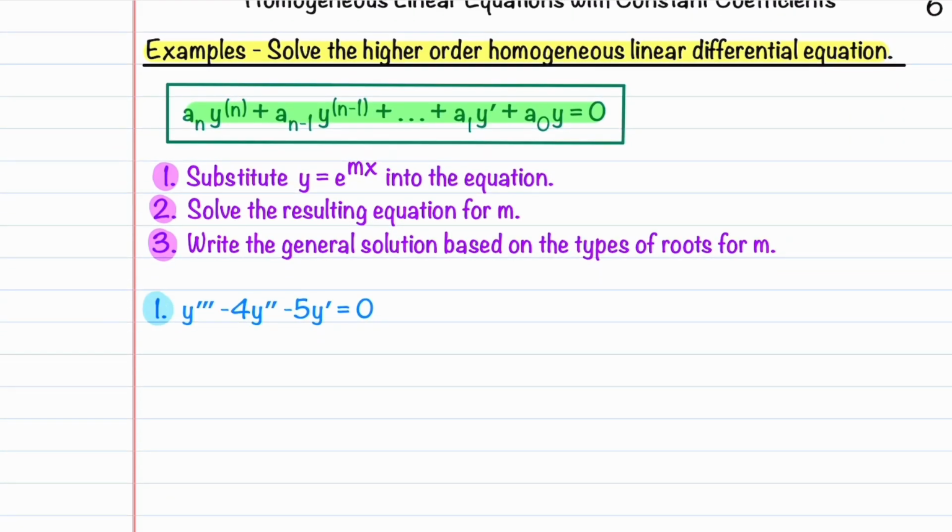We have y triple prime minus 4y double prime minus 5y prime is equal to 0. The first thing that we want to do is substitute in that y is equal to e to the mx. For this type of equation, this is what our solution looks like. Substituting this in, we end up with m cubed e to the mx.